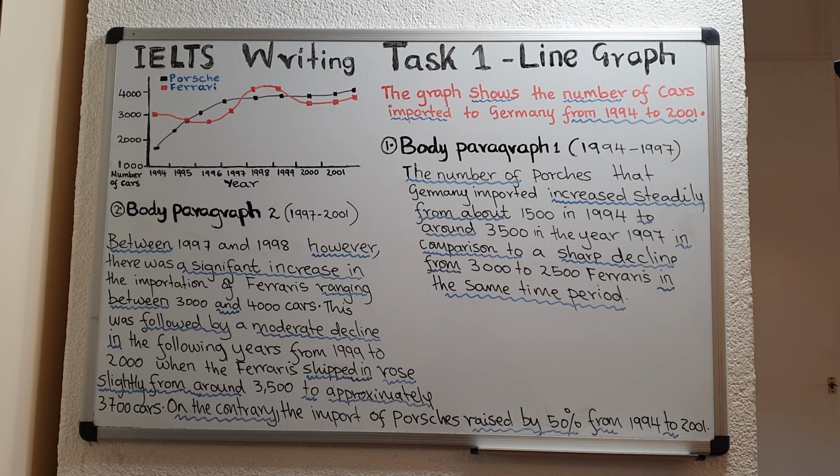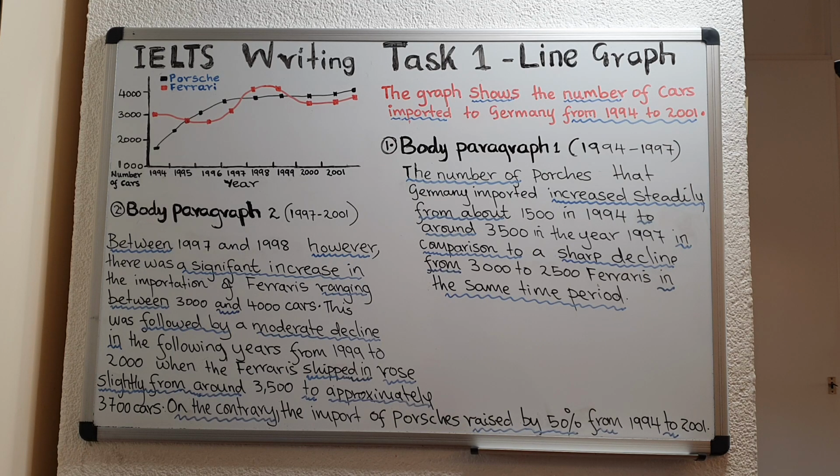So we started off with, that is between the years 1994 and 1998, with having a very significant increase, okay, in the importation of Ferraris from 3,000 to 4,000 cars. That is a lot. So that's why we're talking about a significant increase, because we're talking about 1,000 cars.